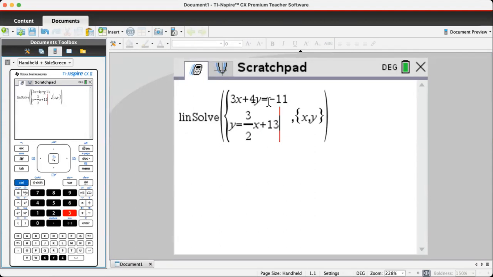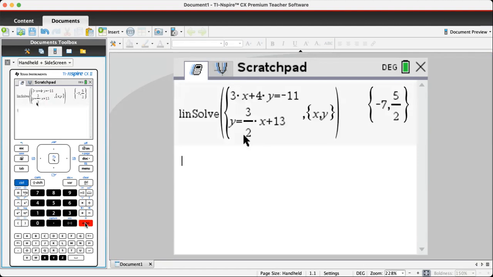Now, as you can see, one equation is in the standard form, the other equation is in the slope-intercept form, and it really doesn't matter because all the calculator wants is 2 equations typed in correctly. Doesn't matter in what form, right? And then just press enter. And that's your solution. That means x is negative 7 and y is 5 over 2. Right? It's easy peasy. It's just that simple.